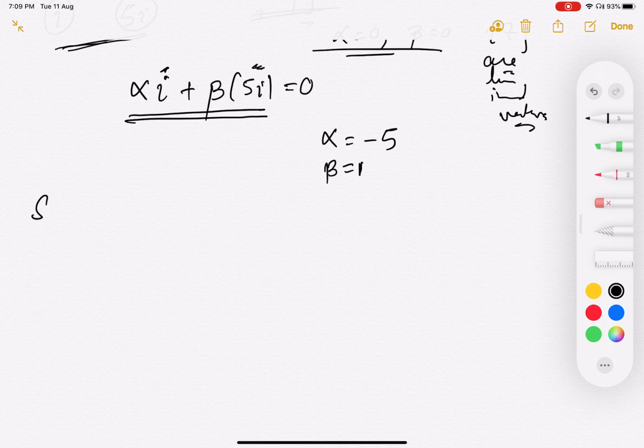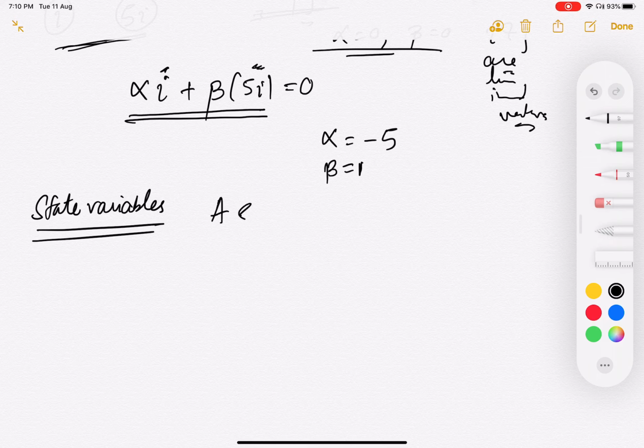So now we come to state variables. Why did we require this definition of linear independence? Because a state variable is a set of linearly independent system variables.